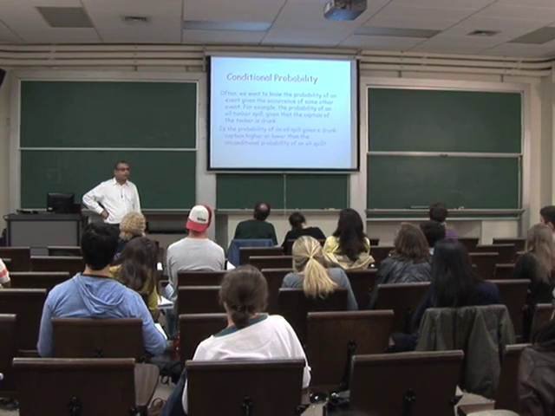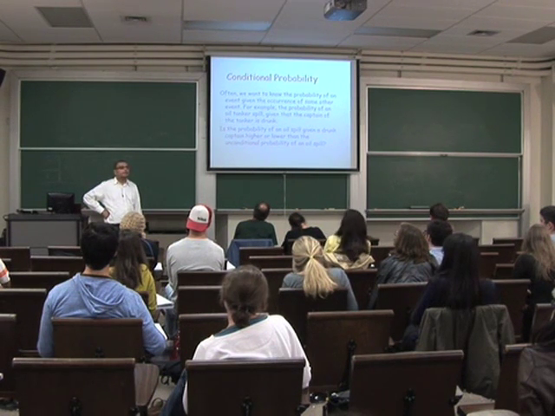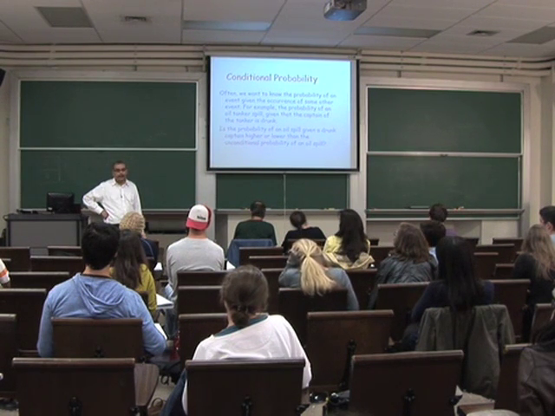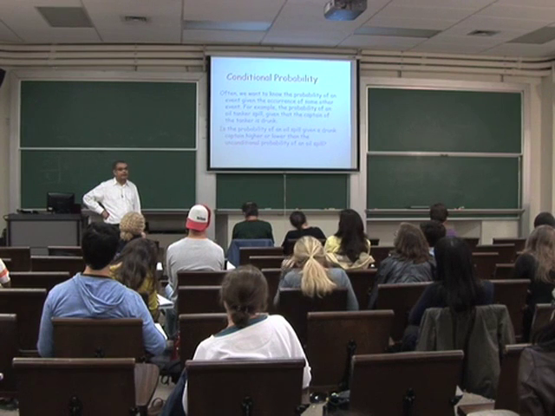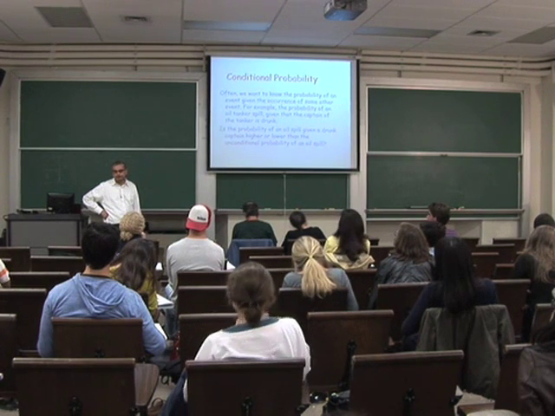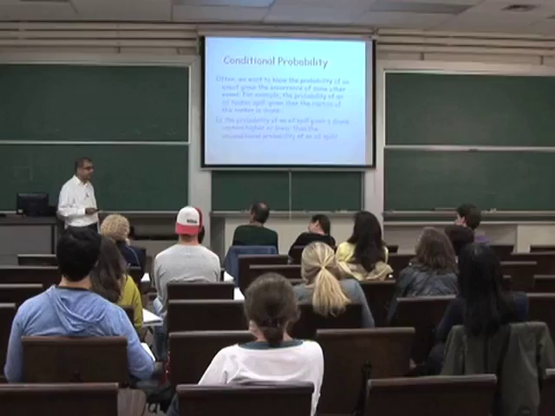But if I told you that tomorrow is a day in April, chances are the probability that it'll rain will be different, will probably be higher than if tomorrow was a random day throughout the year. Right? April showers bring May flowers. So there, the condition is that it's April. The conditional probability is the probability that it'll rain given that it's April.